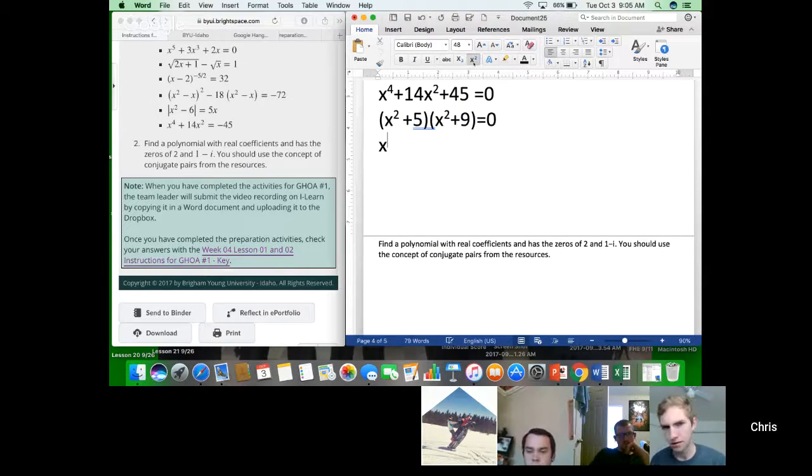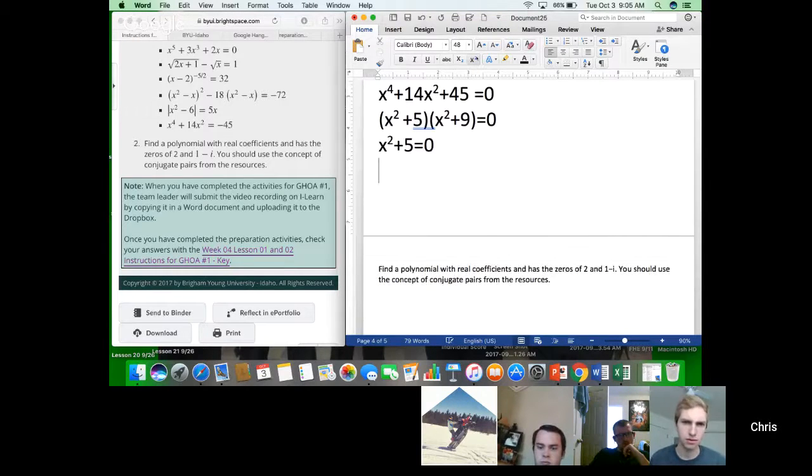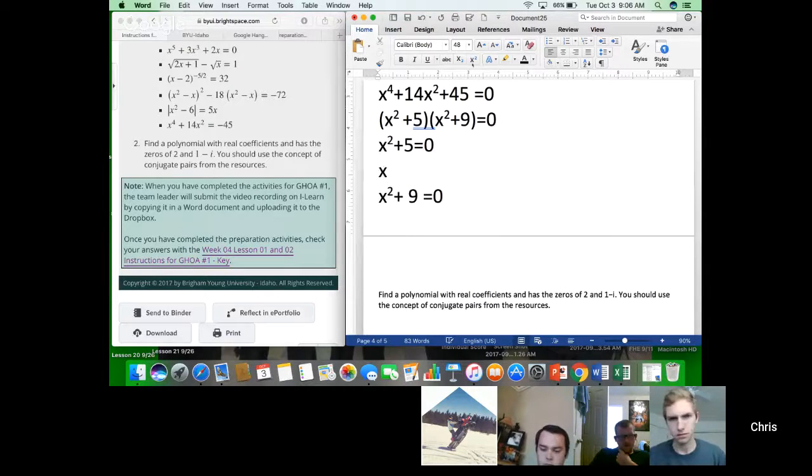x squared plus 5 equals 0. We'll do that real quick. Everything to 0. And x squared plus 9 goes to 0. This one, x squared equals negative 5.